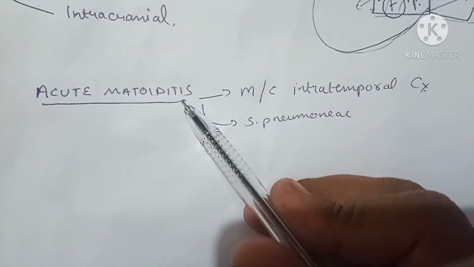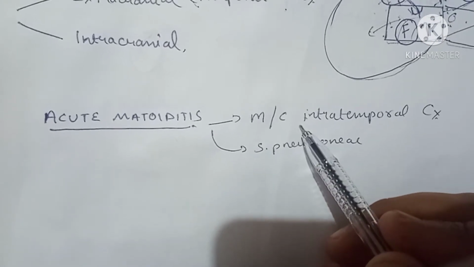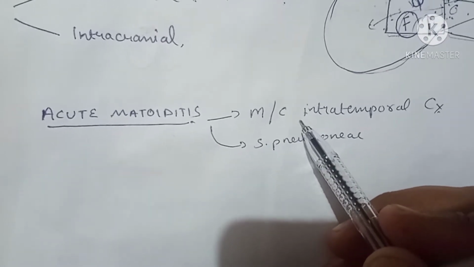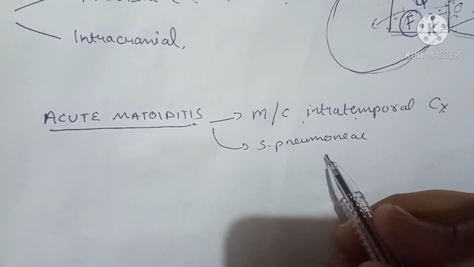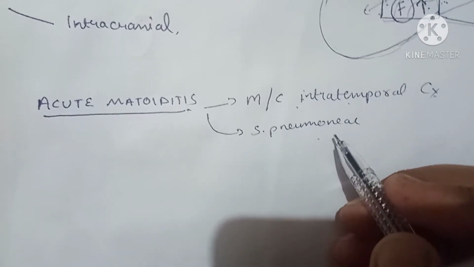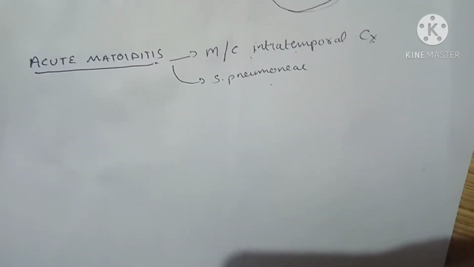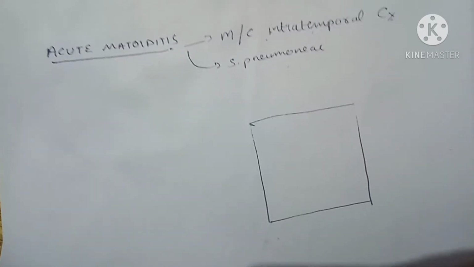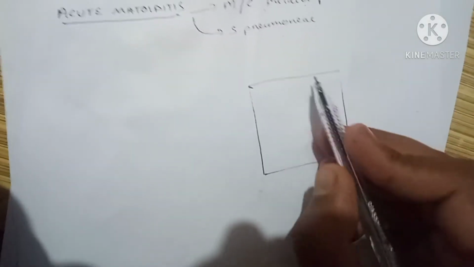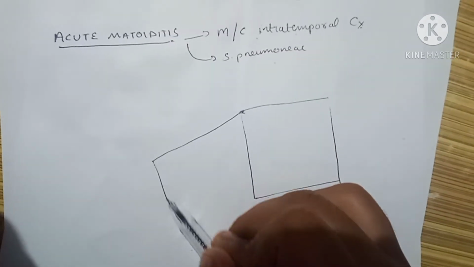Now acute mastoiditis is the most common extracranial complication seen in the case of CSOM, or the most common intratemporal complication. The most common cause of acute mastoiditis is Streptococcus pneumoniae. Let's try to understand what happens in this case, and this is going to be really very important. This is our medial wall of the middle ear and this is the posterior wall.